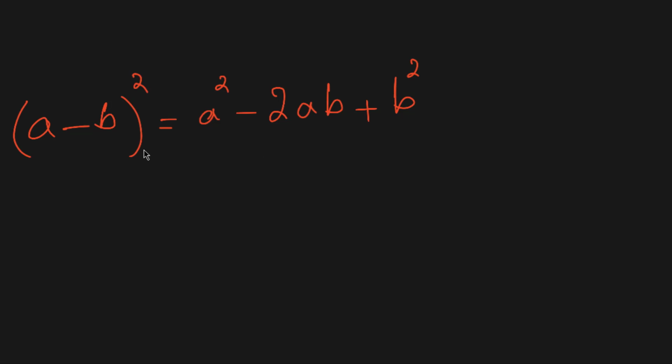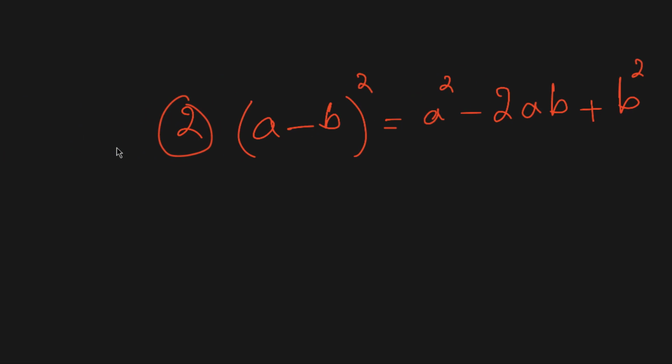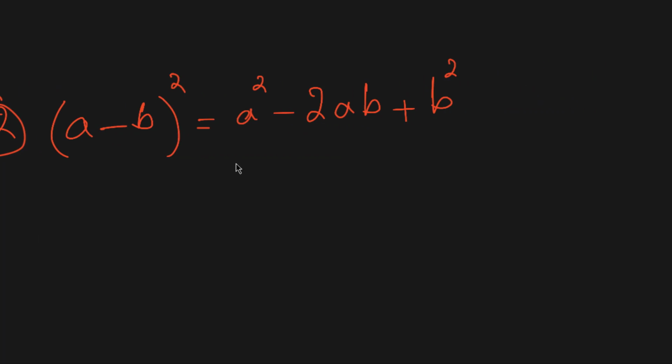Now how do we get this from a minus b whole squared? Well, I would like you to do it. A minus b whole squared means a minus b times or into a minus b. So just multiply them the distribution method way and you'll get this side.